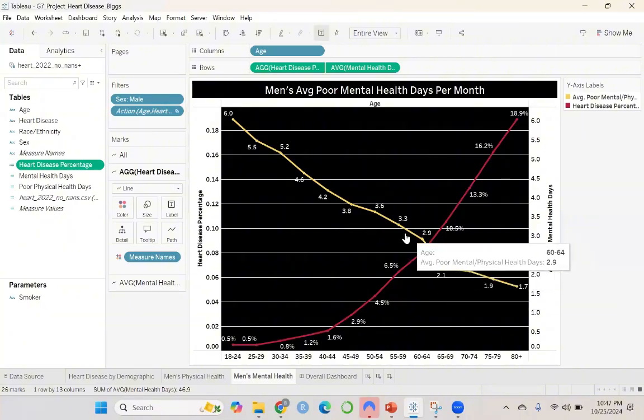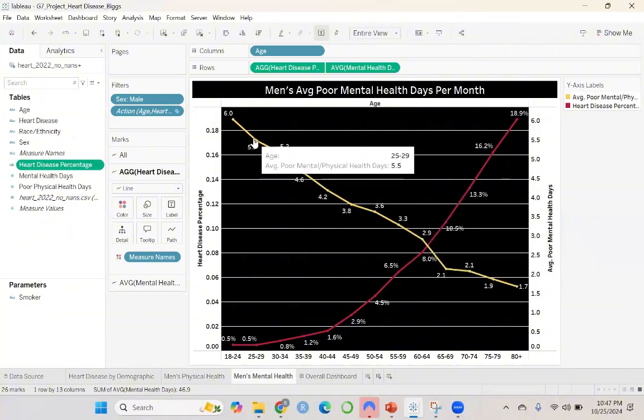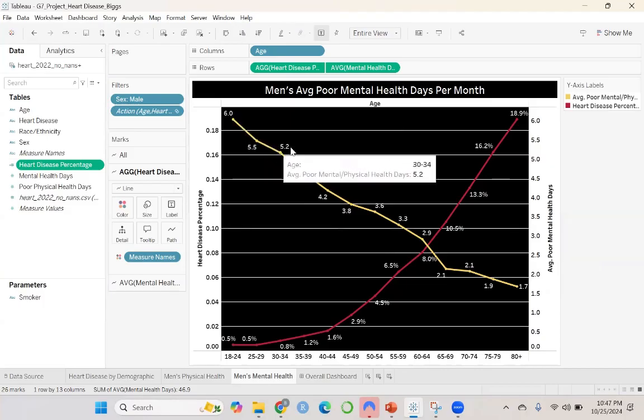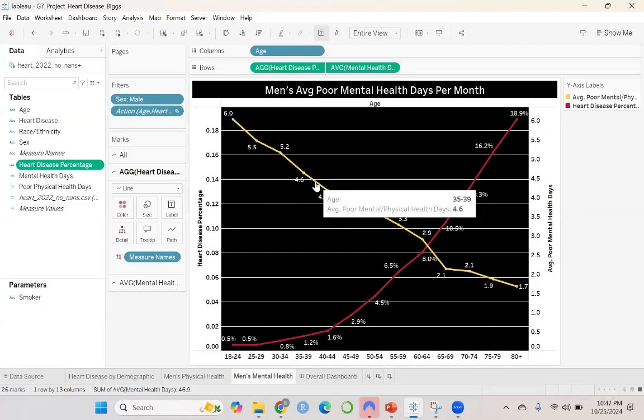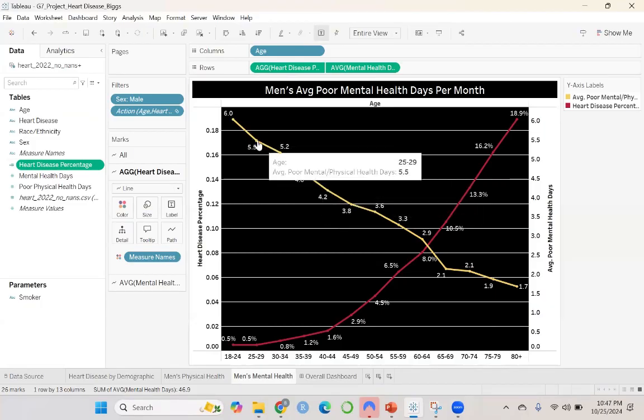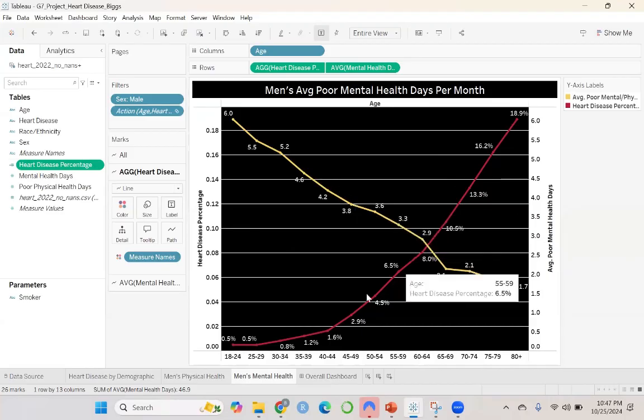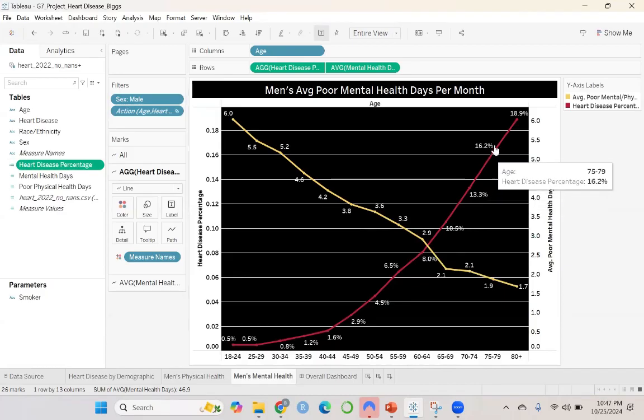I think an insight to be made, even though it's not related to heart disease, is maybe social media and stuff causing poor mental health among the younger generation. But here we can see a clear negative correlation between poor mental health days and the heart disease percentage lines.